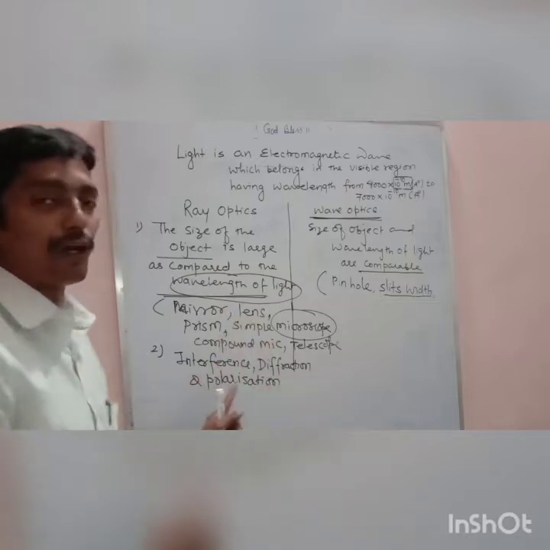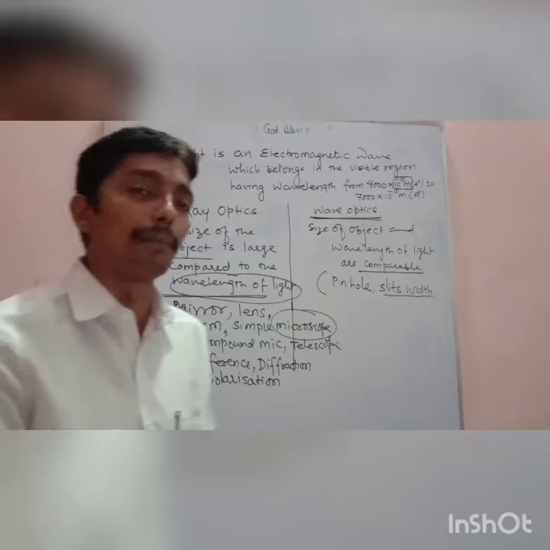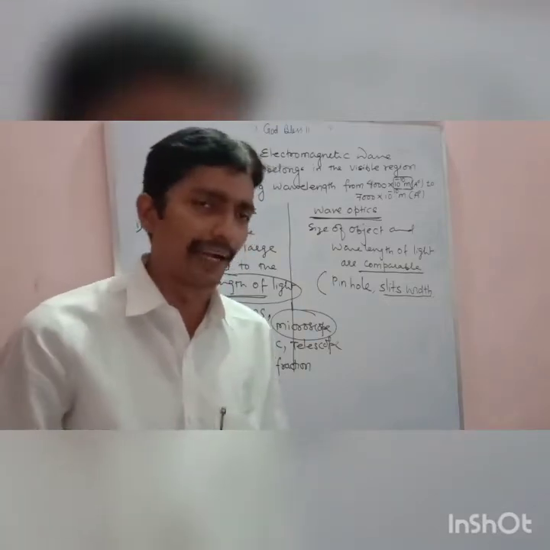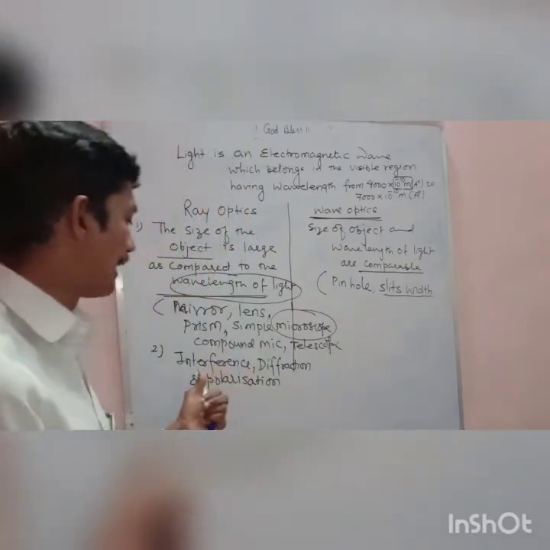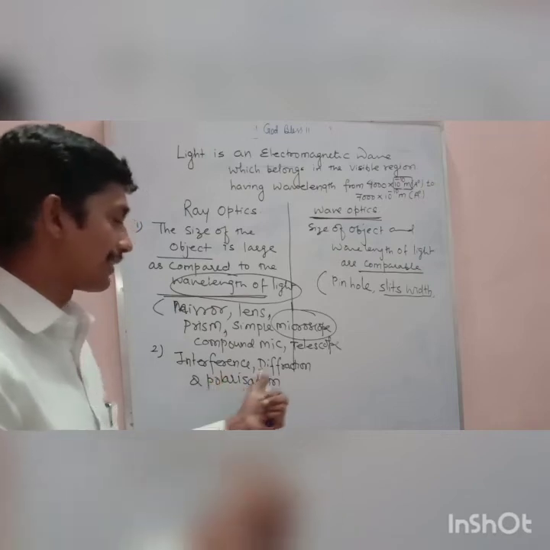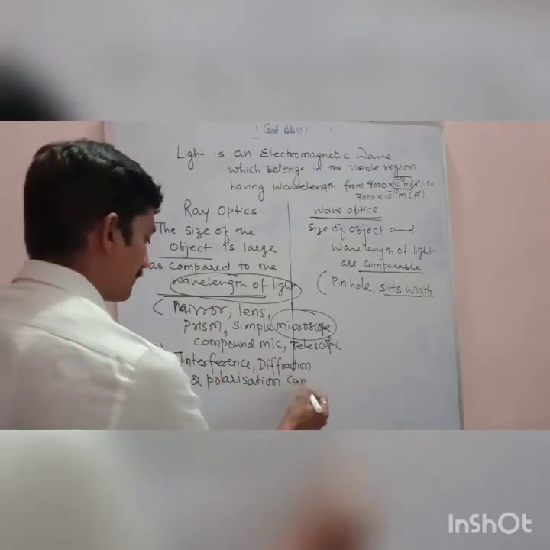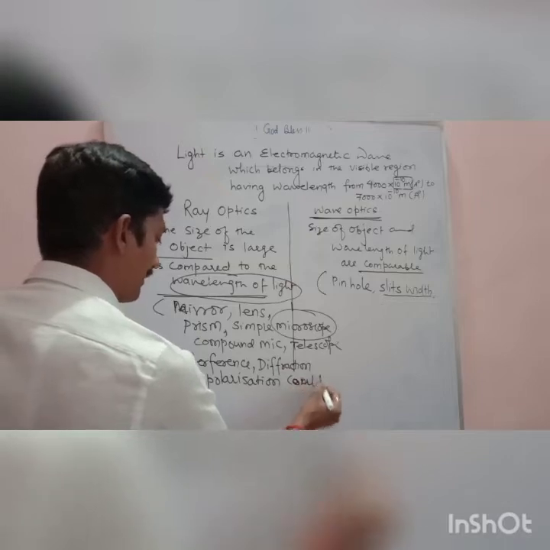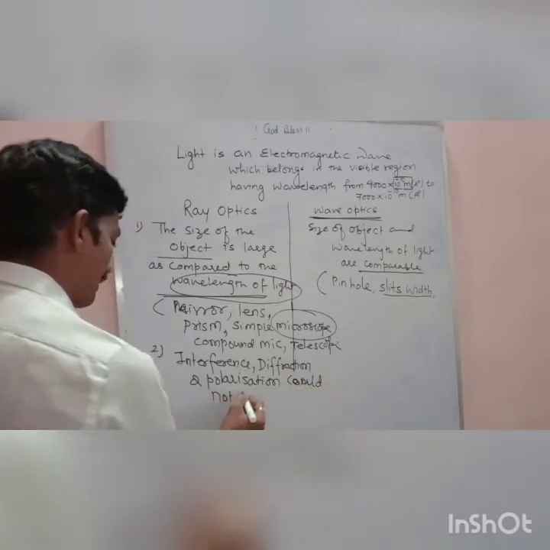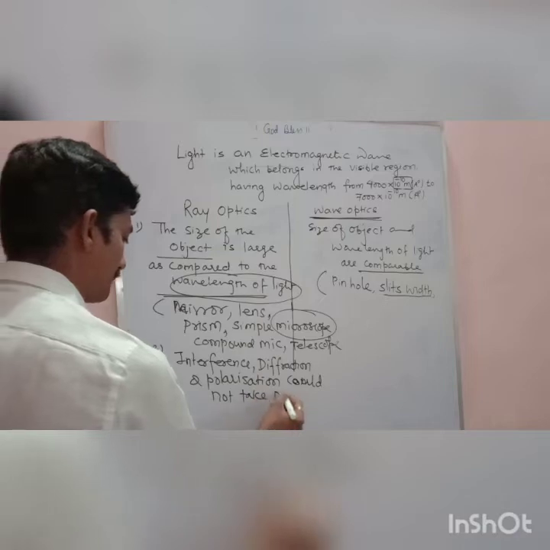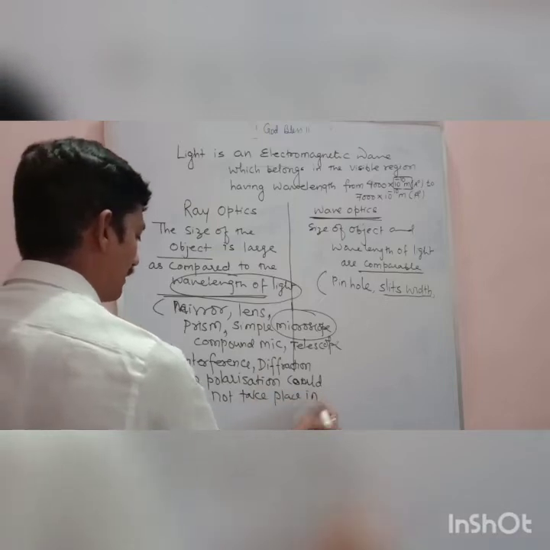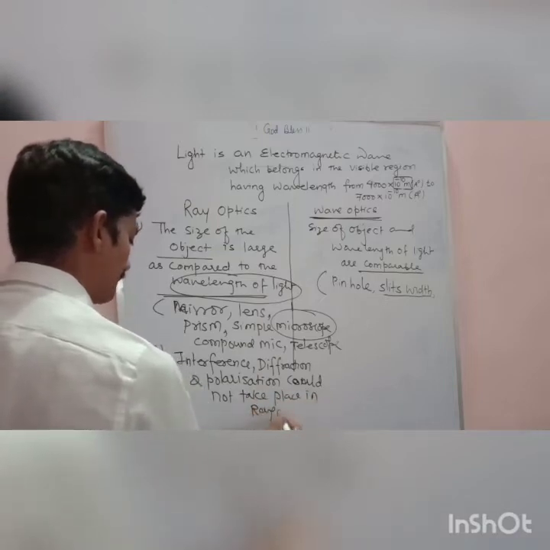So these three phenomena, don't write which phenomena take place. Write it the other way around, no? Write that the phenomena such as interference, diffraction, polarization could not take place in ray optics.